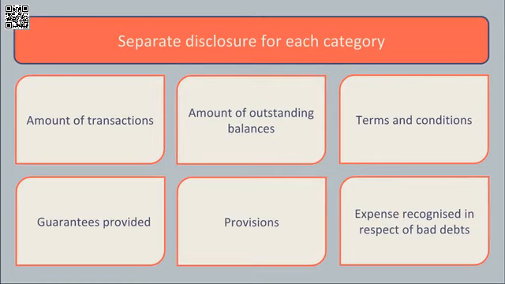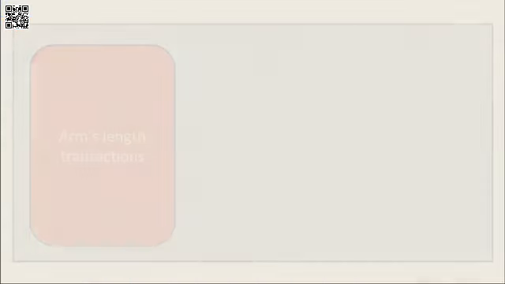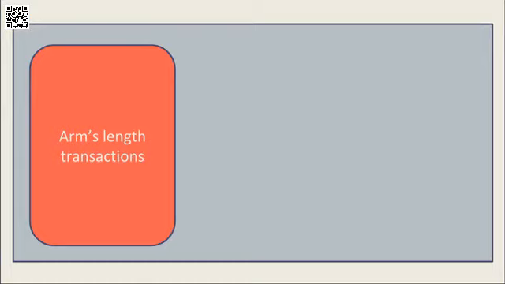As you can see, there is a lot of information that must be disclosed when a related party transaction has occurred. The balances outstanding are very important because although a transaction may have been undertaken at market values, if the balance is never paid or the party receives extended credit terms, the users of the financial statements will be interested to know.